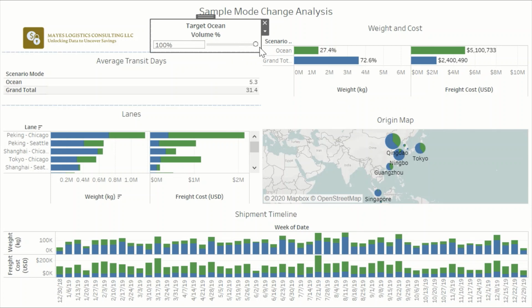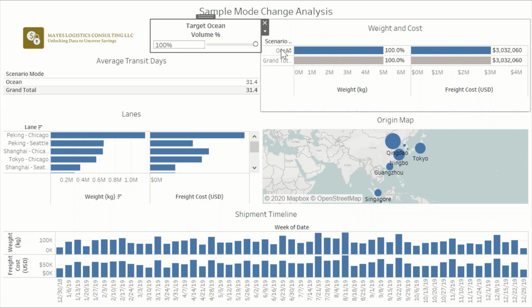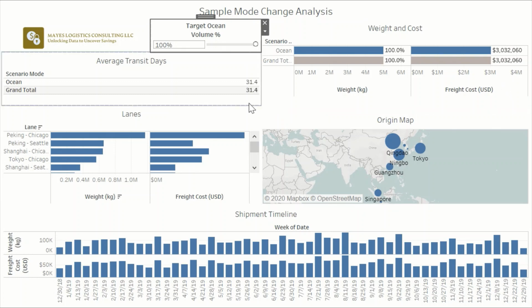So what if you could shift all volumes to ocean? In this case, your total freight costs would drop to about 3 million, and your total average transit days would go up to more than 31 days.